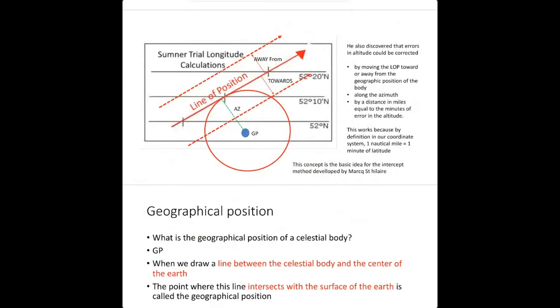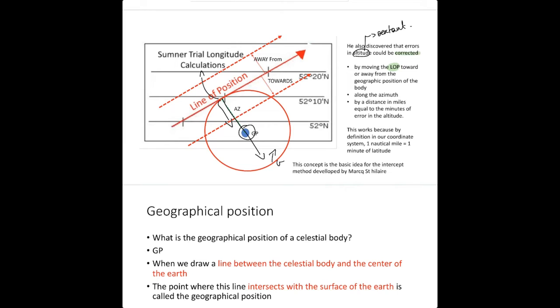Okay, he also discovered another thing. He discovered that if he had made errors in the altitude with his sextant, errors that he could have made himself, they could be corrected. Okay, and how could they be corrected? They could be corrected by moving the line of position towards, that is in that direction, or away, that is in that direction, from the geographical position of the celestial body, or from the azimuth, the true bearing of the celestial body.